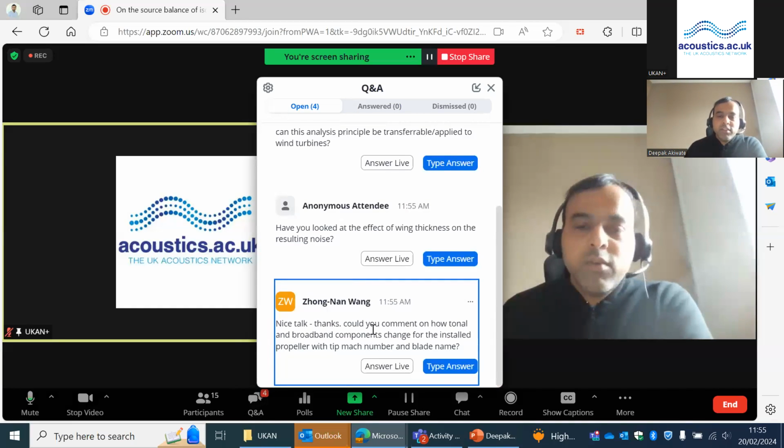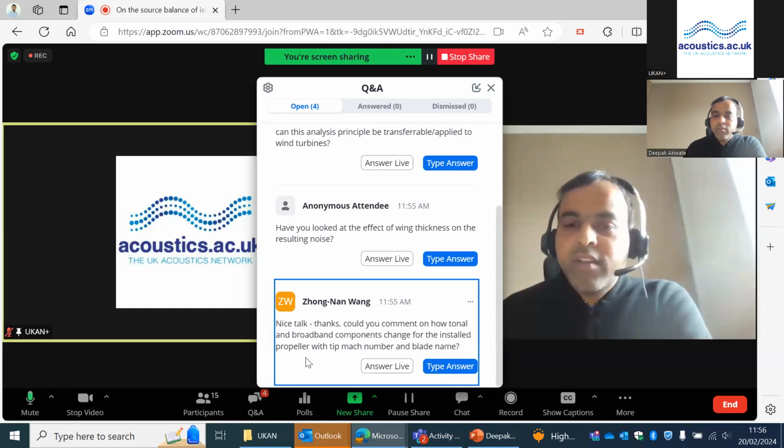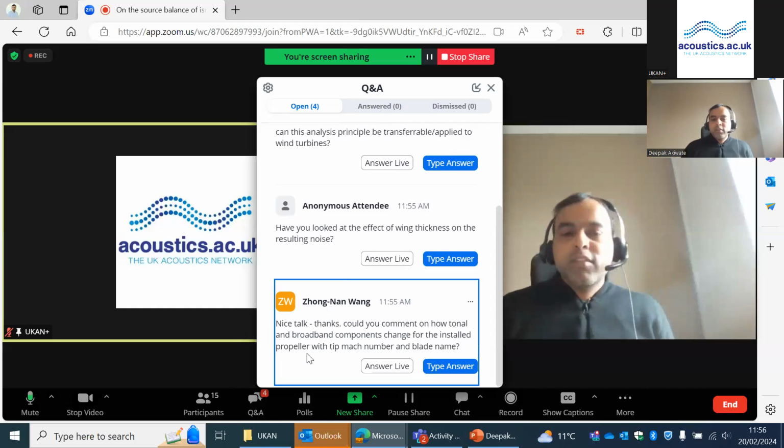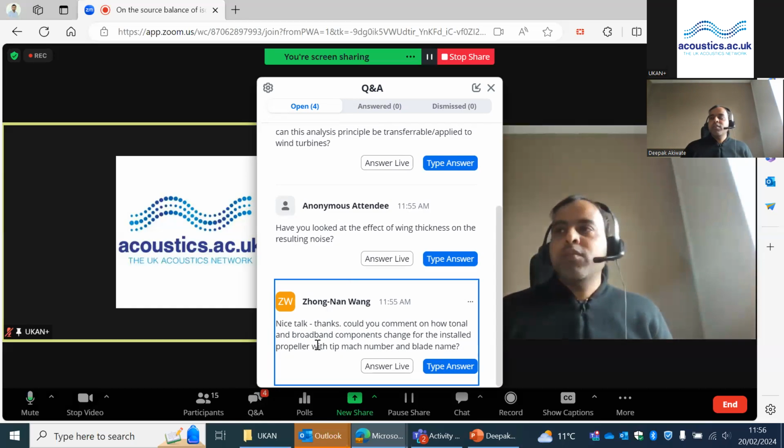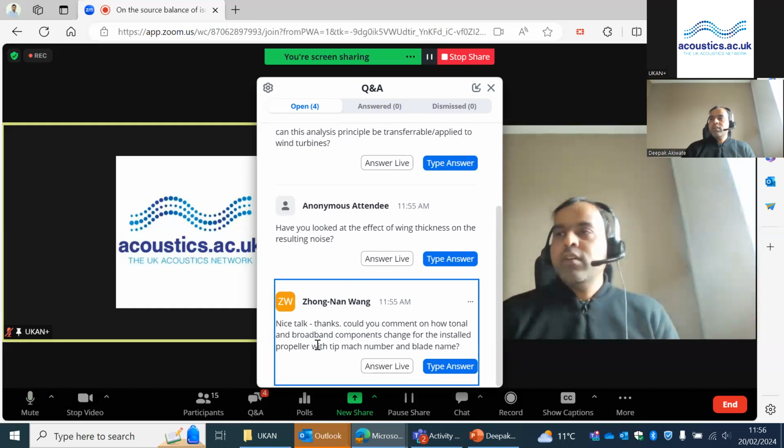Yes, there is another question: could you comment on how the tonal and broadband noise components change for installed propellers with the tip Mach number and the blade type? Okay, so what we observed is that there is a balance between the tones and the broadband for the uninstalled propellers, but when you install the propeller very close to the wing, the interaction tonal noise sources are the dominant noise sources compared with the broadband components.